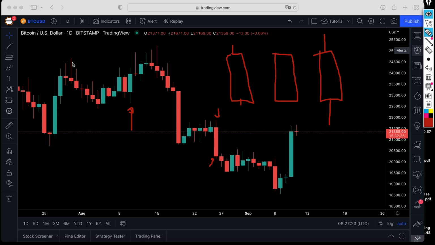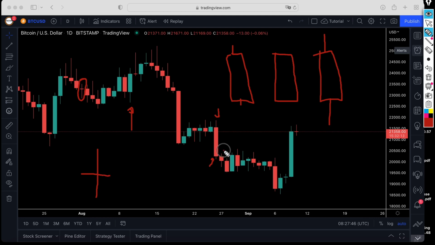But when you see a candle like this, the red one that just looks like a cross, it means that the opening and closing prices are close to each other. During that period, in this case we're looking at the daily chart, the price could have gone up or down during the day, but when the market closed, the price closed much closer to the open.